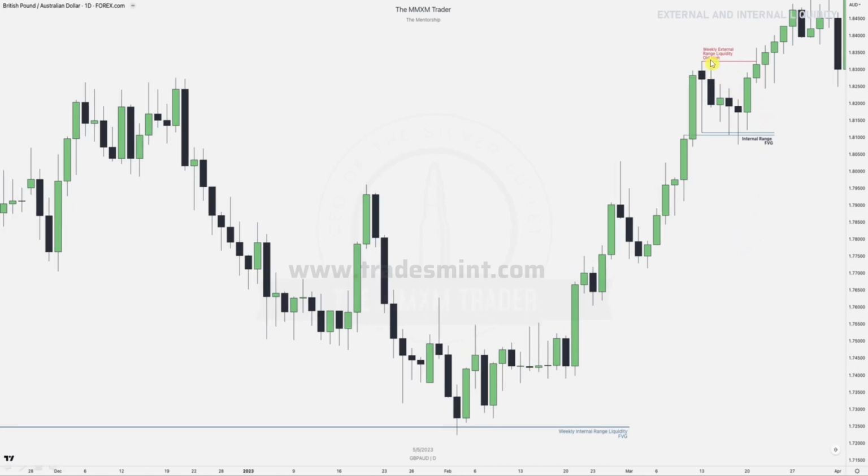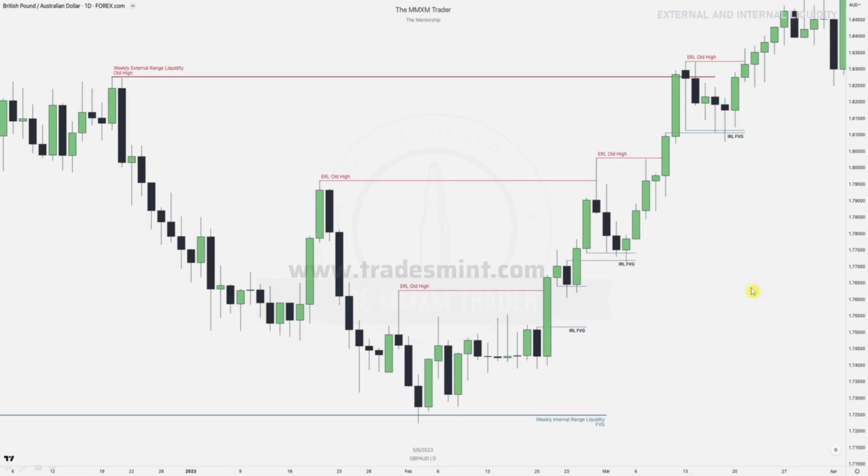Again, external, and then all the annotations together, you can see how this is forming, right? Think about that extreme high. We're going to, and this high, we raided an external range liquidity over here. Remember, so we're drawing into a weekly internal level. Weekly internal level is down here, right? That fair value gap. Now we're looking for a buy program, buy side of the curve.